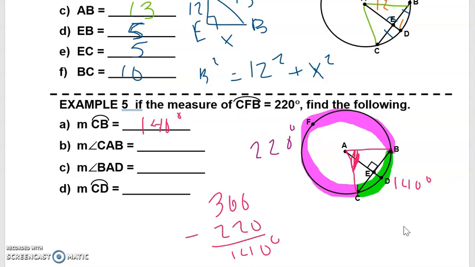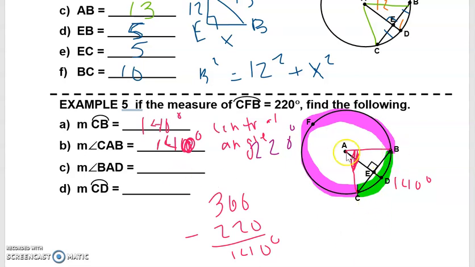So if the arc connected by those segments is 140, then this angle is also going to be 140. And this is called a central angle, and that's how we know it.